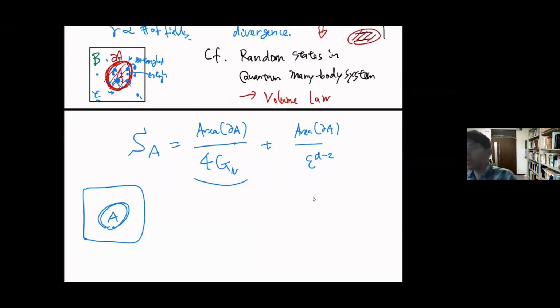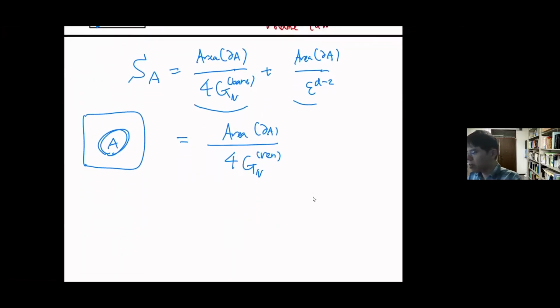If we just literally calculate using the replica trick, we get these two terms, right? But you can actually combine them into one. You can regard it as a kind of renormalized Newton constant, because this is a bare Newton constant, and it's renormalized, right? This is the usual renormalization procedure. This is bare, and this is also divergent, right?